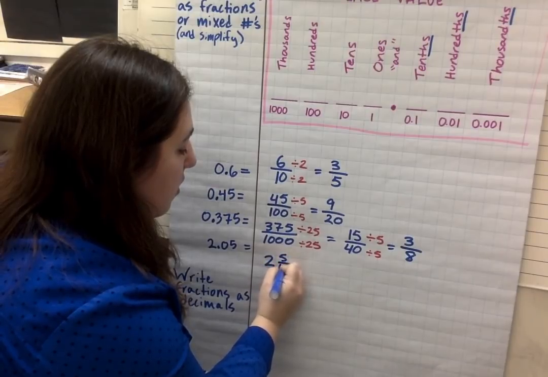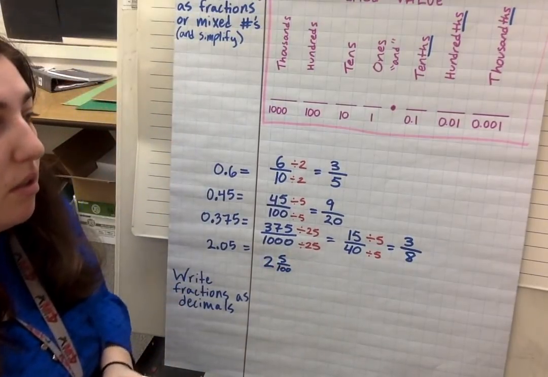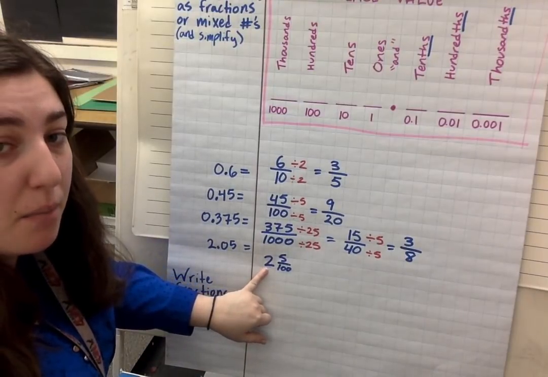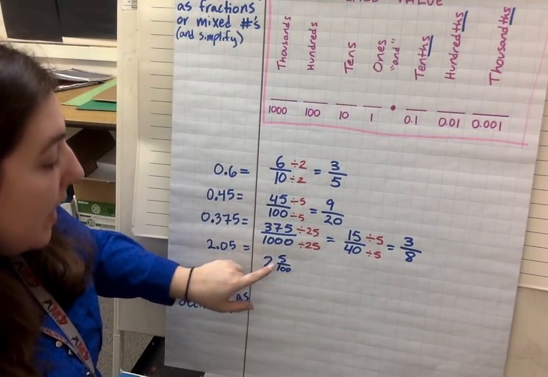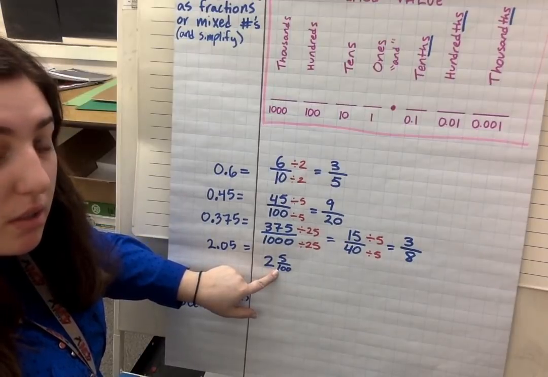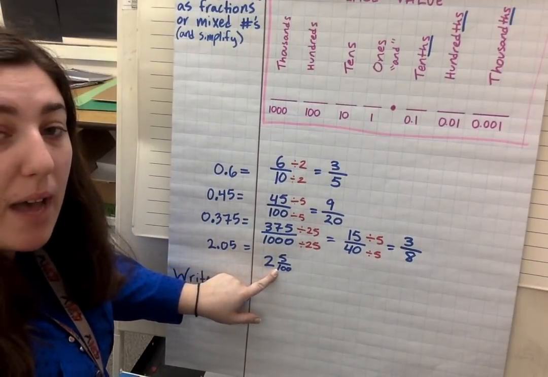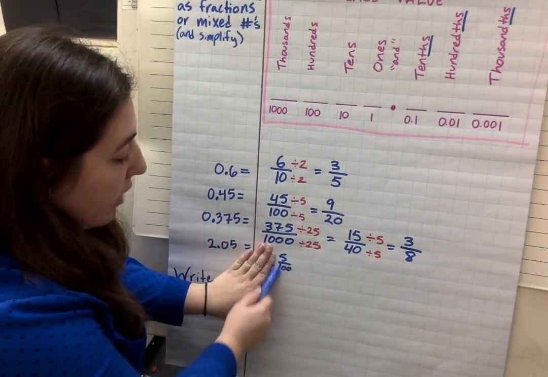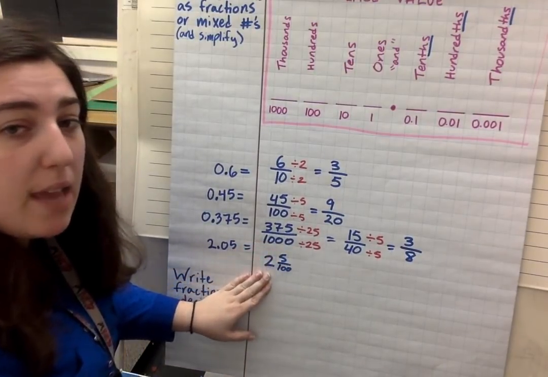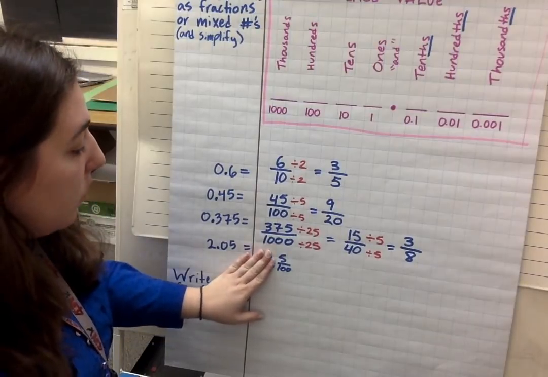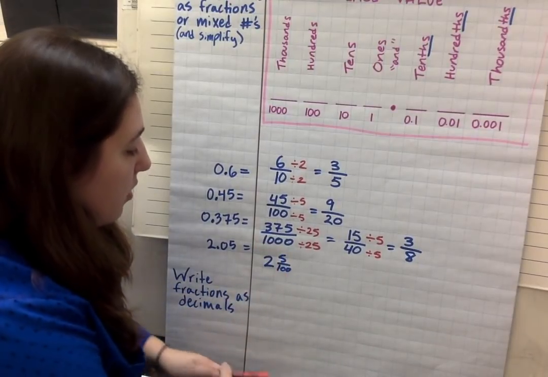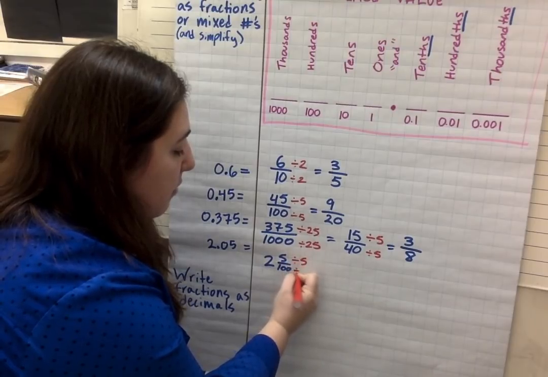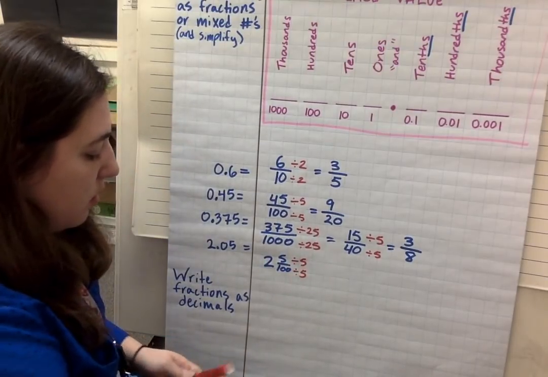5 hundredths. Okay? So I wrote this as a mixed number, 2 and 5 hundredths. Now I just need to simplify. The only thing I'm going to be simplifying is this fraction right here, because it's okay if it's in a mixed number. So 5 goes into both of these numbers, 5 and 100.